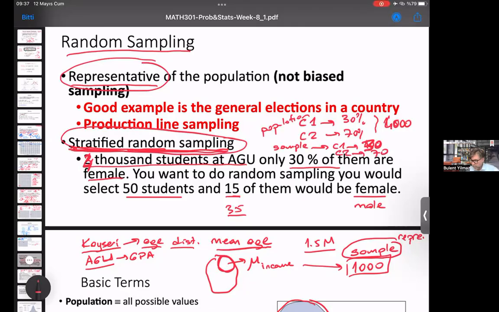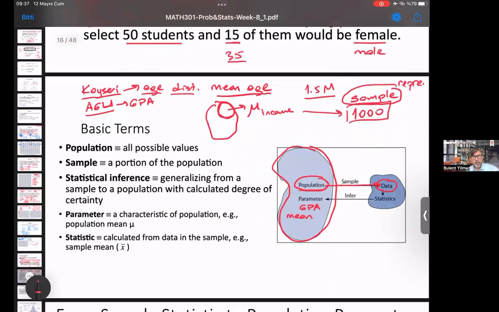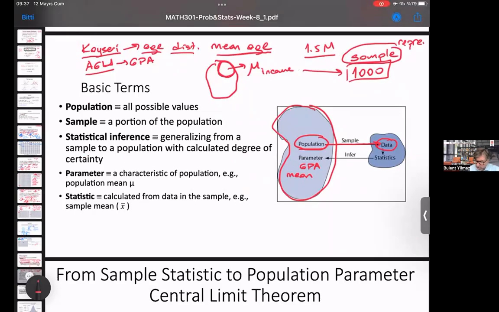So here's the critical thing. Population is all possible values, all people's incomes in that neighborhood, in that city. Sample is a portion of the population. I cannot go and ask every cancer patient, I cannot go and ask all military personnel, but I can take a sample, and then I will try to do some inference, çıkarım.